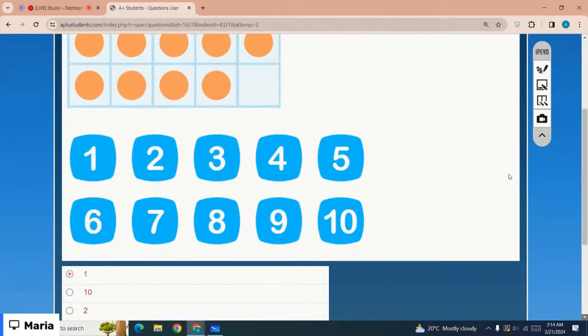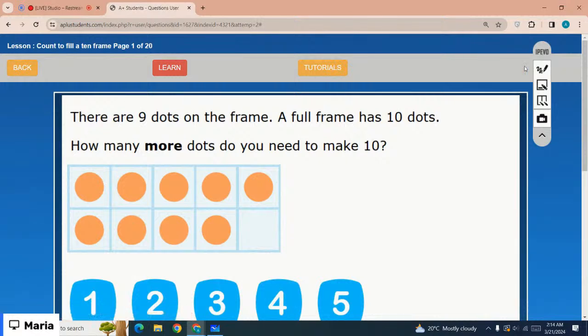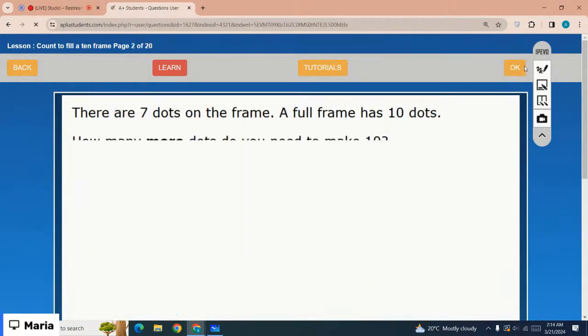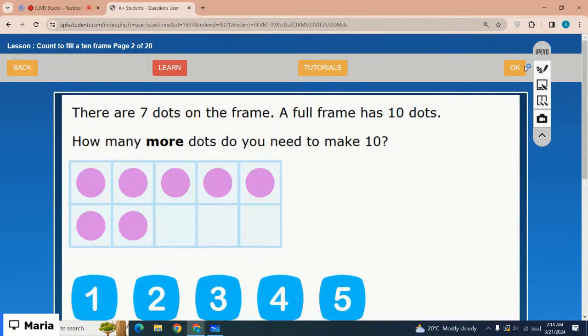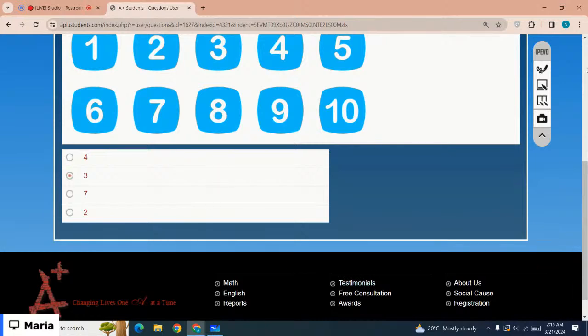The correct option is 1. There are 7 dots, right? You need 3 more to make it 10, right? The correct option is 3.